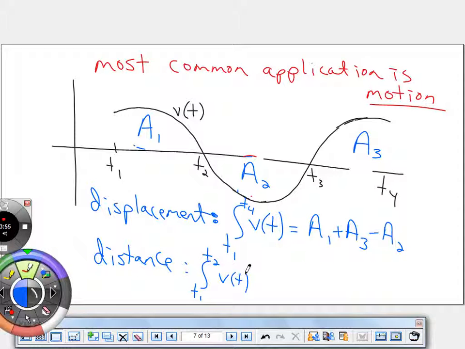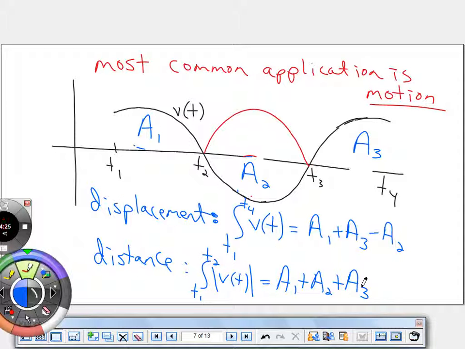What we could always do with the velocity function is put absolute value bars, and that way, even if it was going down like that, it would pop up over the x-axis, and we'd be able to accumulate all of that distance so that we wouldn't lose out the stuff underneath. Okay? So as far as the setup, you would just add them all up then. A1 plus A sub 2, and then you wouldn't lose any of your areas, and you get the proper amount of distance traveled.